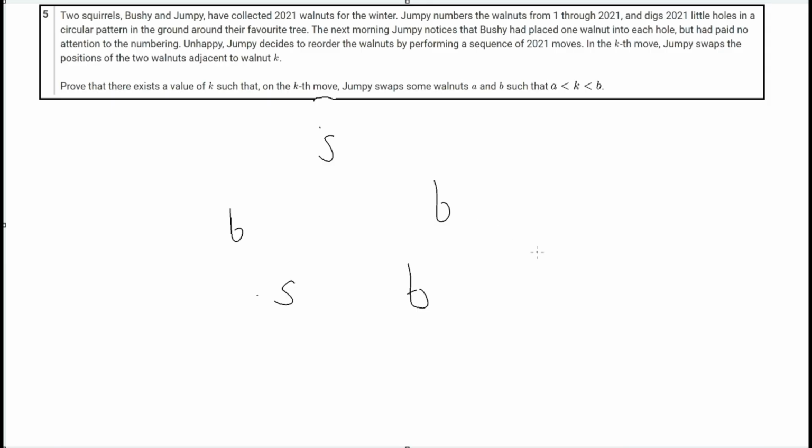Now suppose that it never increased by 1, then that means that it increases by either 0 or it increases by 2. Because it can increase by 2 if we change this B to an S here. It can't increase by 3 or more for clear reasons.